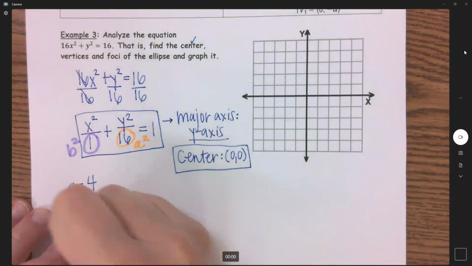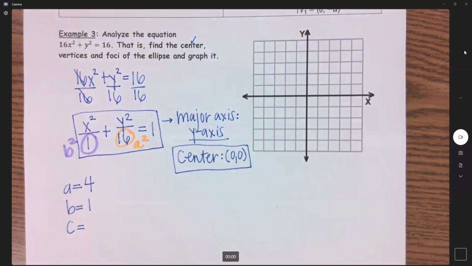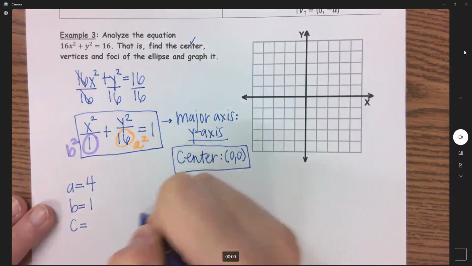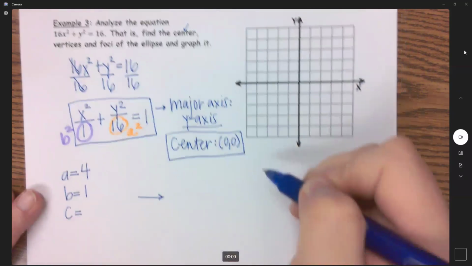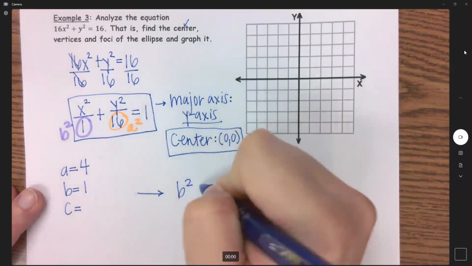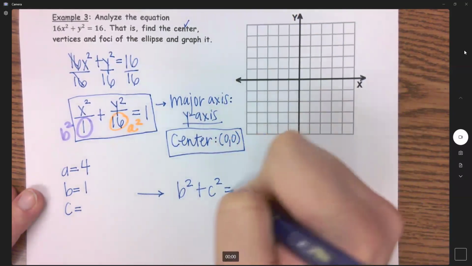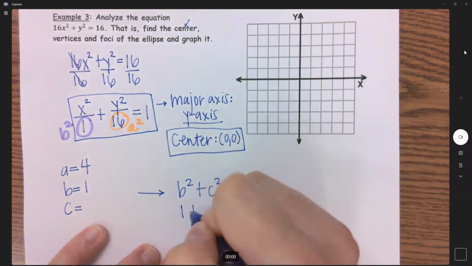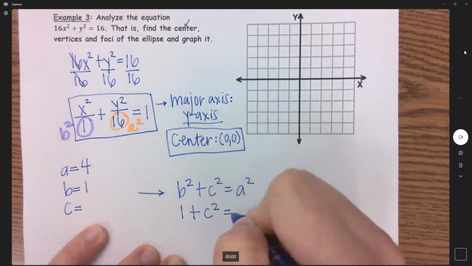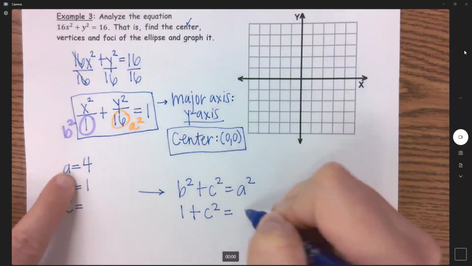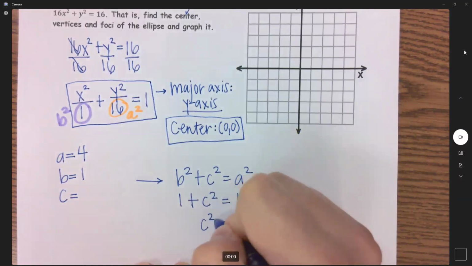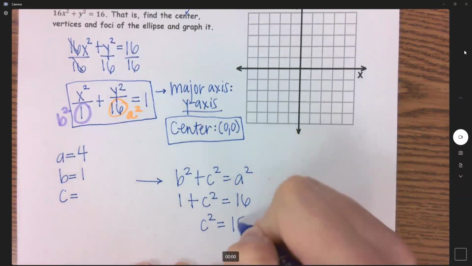So let's go ahead and get our c real quick. C, where do I want to go? We'll go out here. We are going to use b squared plus c squared equals a squared. B squared is 1. I don't know c squared, and a squared is 16. Subtract your 1 over, and we get c squared equals 15.